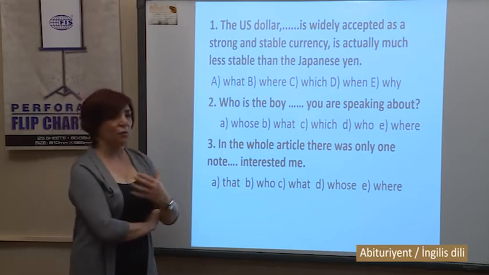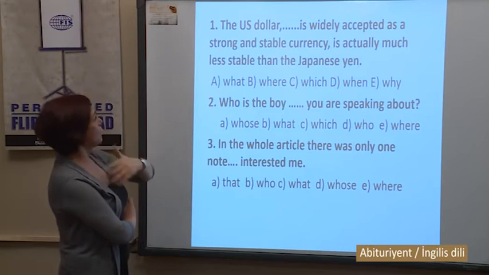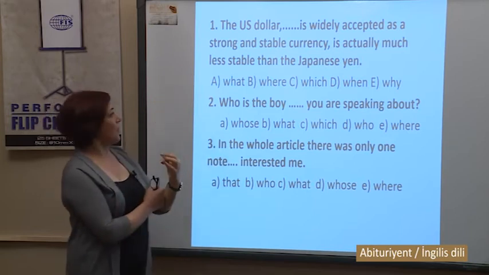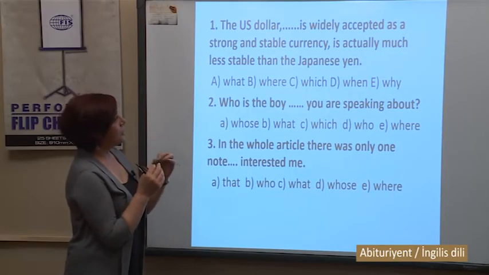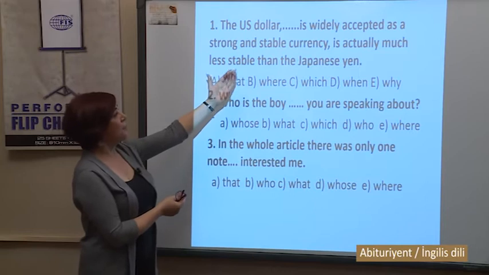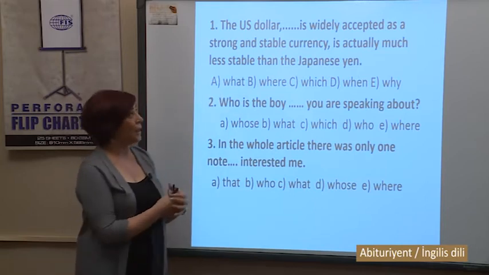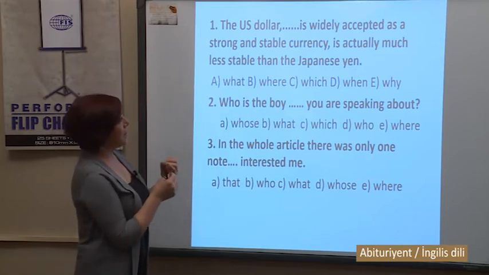It means extra information about the US dollar, and the dollar is a thing. Our main sentence is: the US dollar is actually much less stable than the Japanese yen. And the second sentence is: is widely accepted as a strong and stable currency.